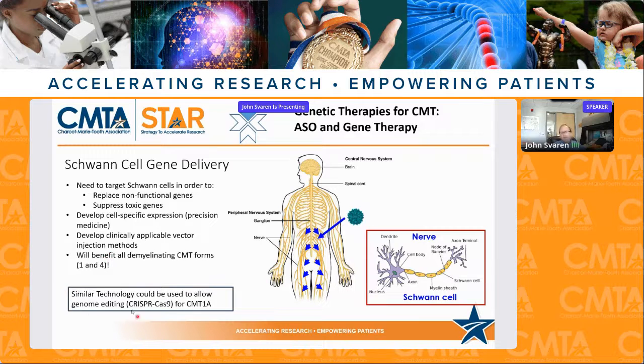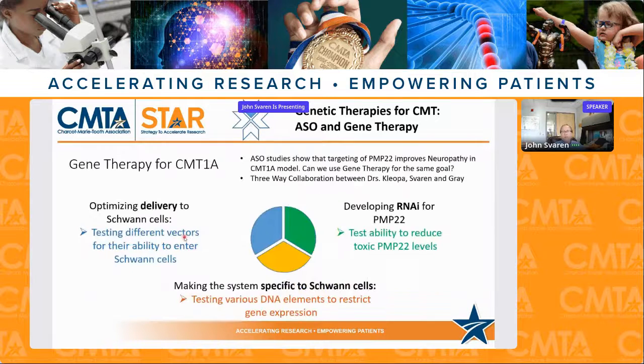And in fact, this technology will be required to allow us to use things like CRISPR-Cas9 or genome editing for CMT1A. So again, this delivery problem is fundamental, but there are many approaches that show some promise, and we're hoping that this will enable clinical trials sometime in the near term.